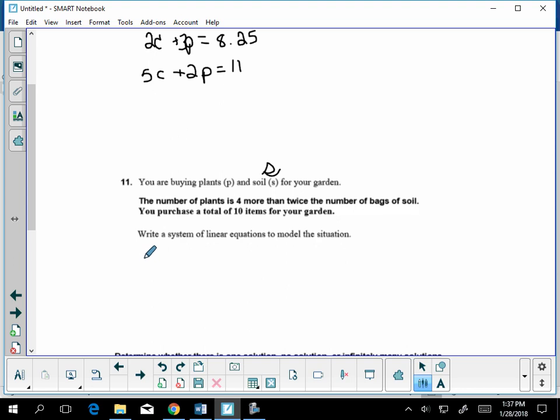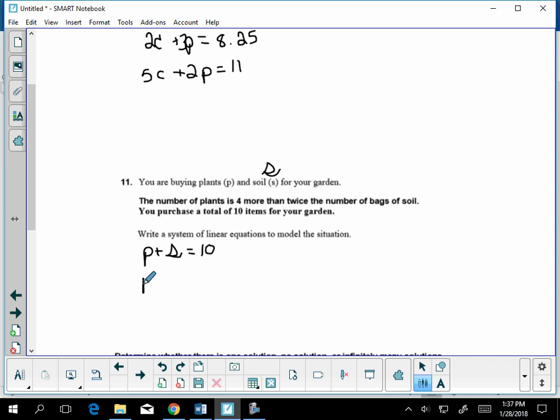Well, I'm going to start with you purchase a total of 10 items. So you know P plus S has to equal 10. Now let's do the one that's a little bit more complicated. The number of plants is 4 more than twice the bags of soil.